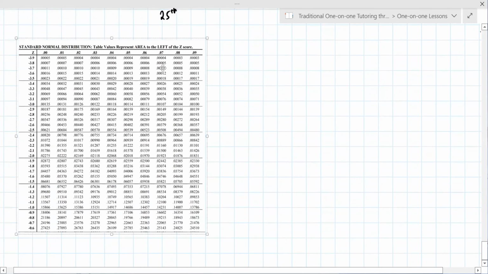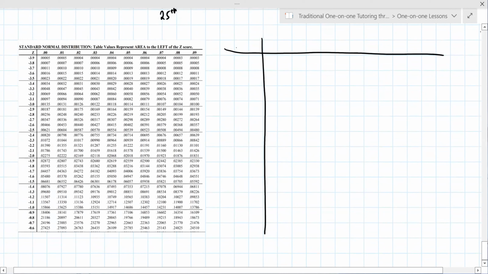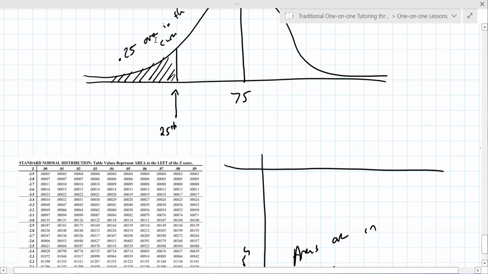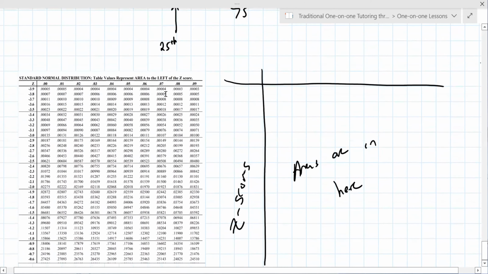Okay, so the idea is that the Z scores are on the left. The Z scores are here. And the areas are in here. So it's really important as a student to decide, am I given an area or a Z score? And this time I'm giving you an area.